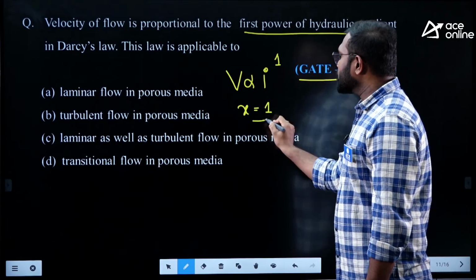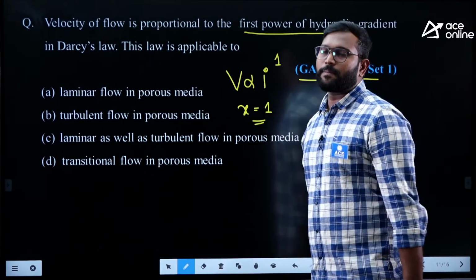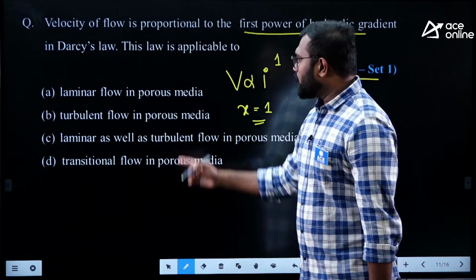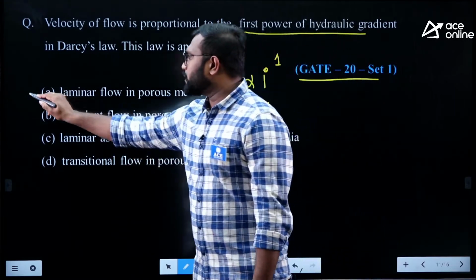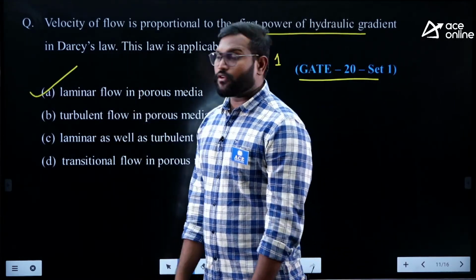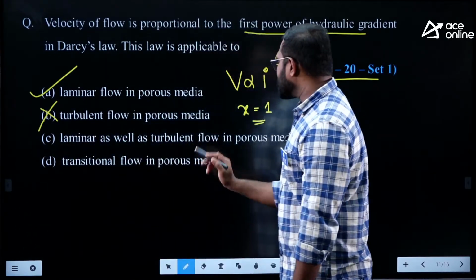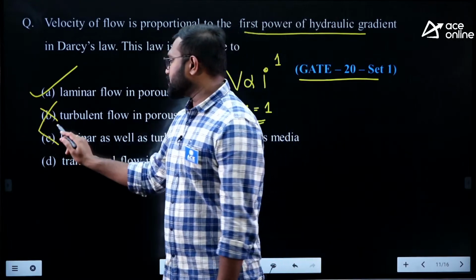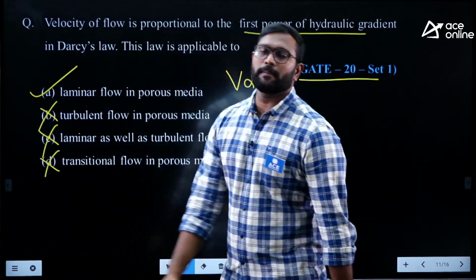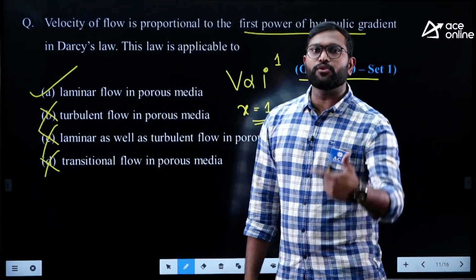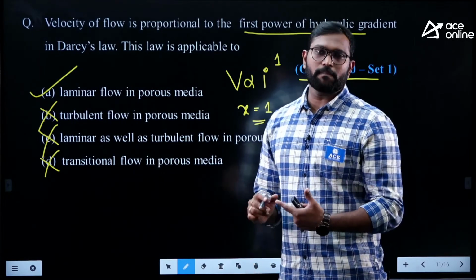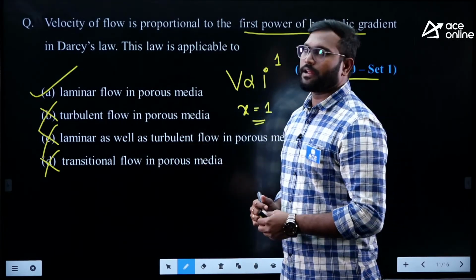When I say x is equal to 1, then that represents laminar flow, right? A laminar flow in porous media. If I say turbulent flow, that should be 0.65. Laminar as well as turbulent, no. Transition, no. That represents the transition, meaning 0.65 to 1, but they clearly mentioned power 1. So the correct answer is laminar flow.